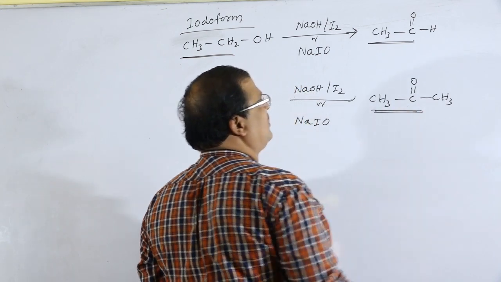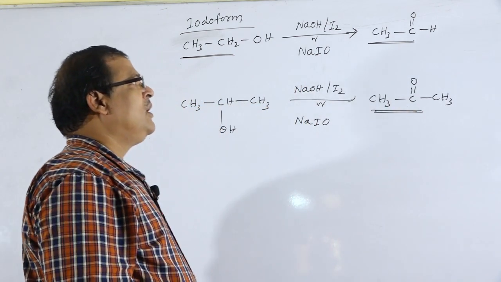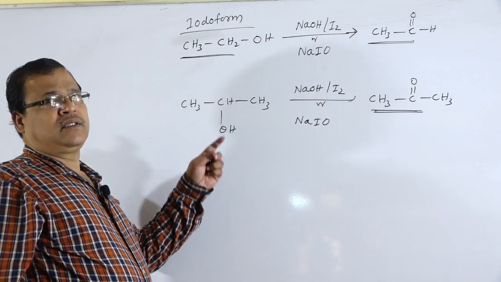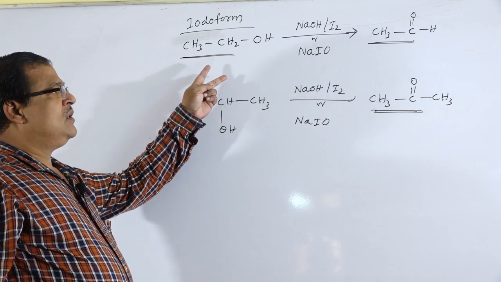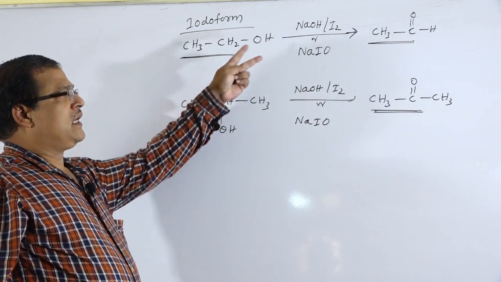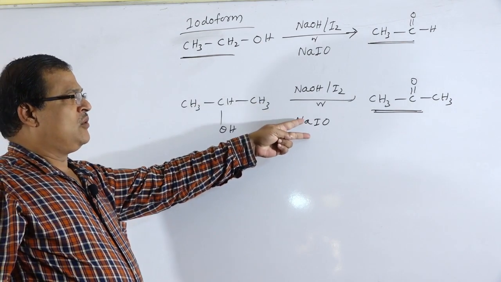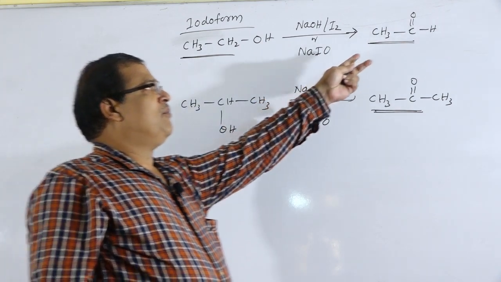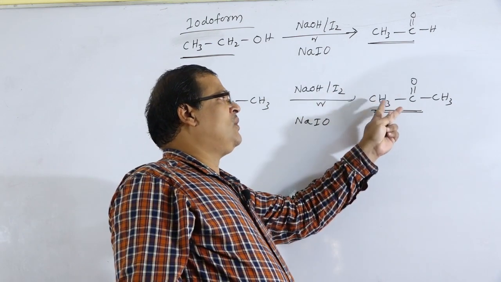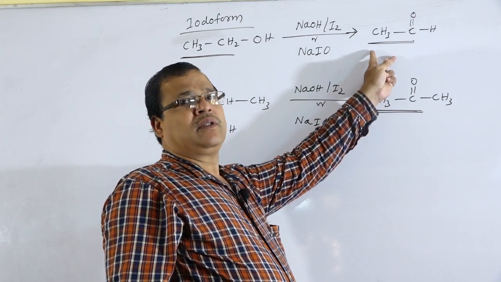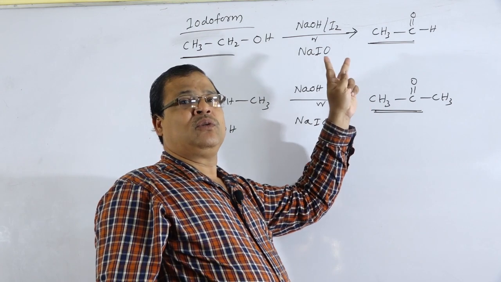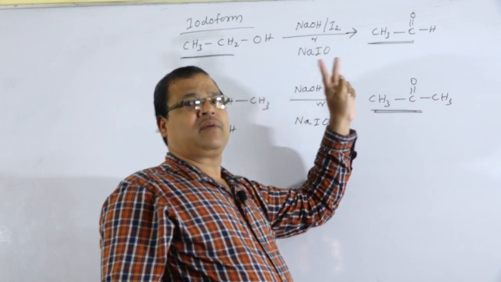This compound also contains the CH3CO group. So those alcohols which react with NaOH and I2 or NaIO to form an aldehyde or ketone having the CH3CO group have the ability to show the iodoform test.